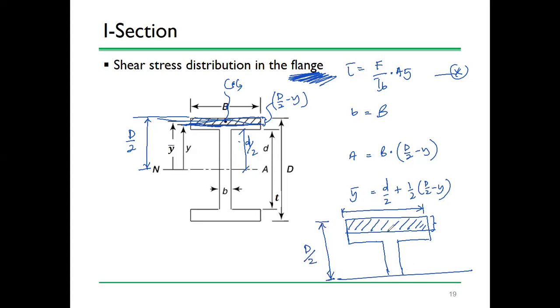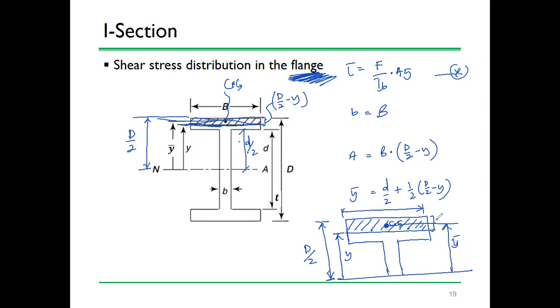What then is our Y bar? We need to find the center of gravity of this area here, and from here to my neutral axis is my Y bar. So now I have to calculate. What do you think? From here, where I'm finding my shear stress is always my Y. So if this is my Y, how do I get from here to the middle?